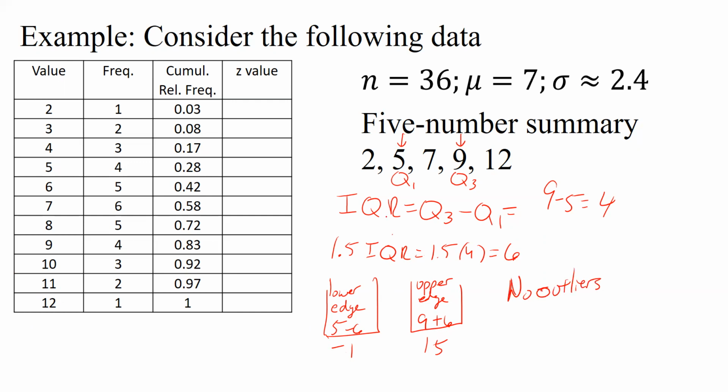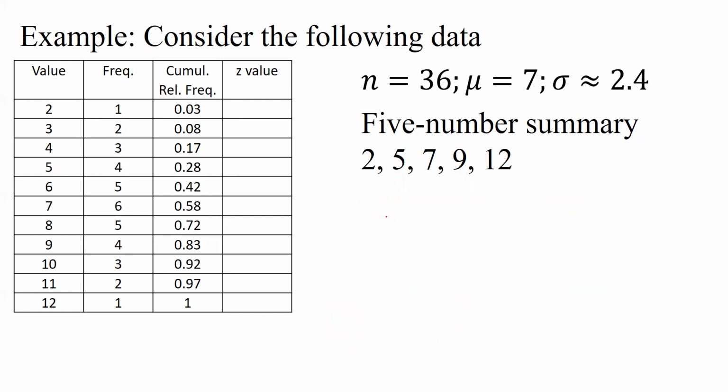Okay, that's great. All right, then the third thing to check is Pearson's index. And so remember the Pearson's index, let me get the formula, is 3 times the mean minus the median, or Q2, the second quartile, over the standard deviation.